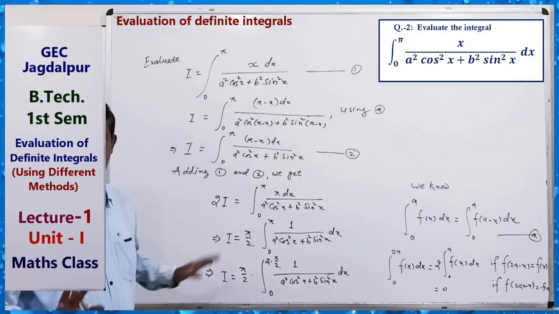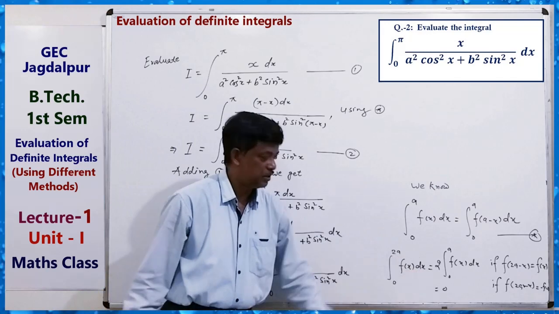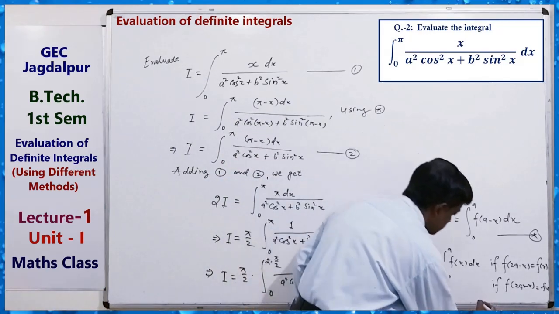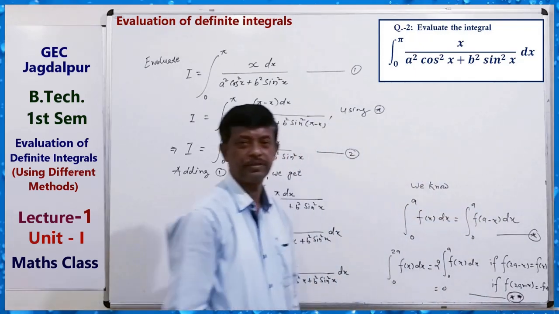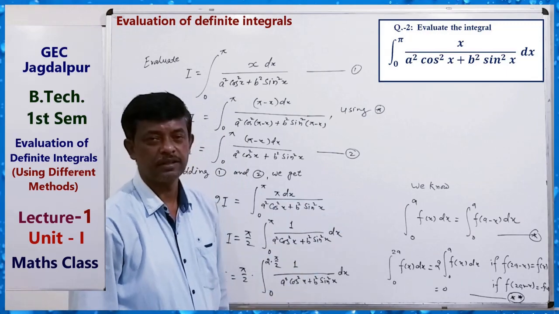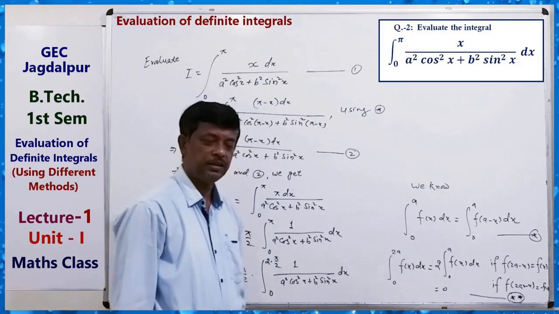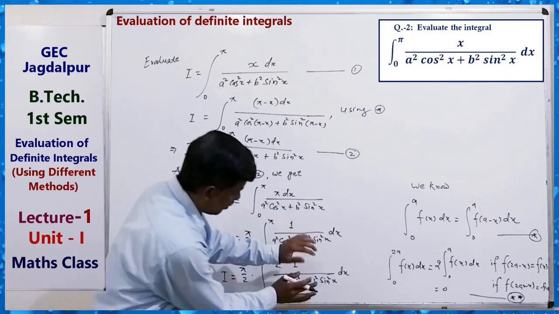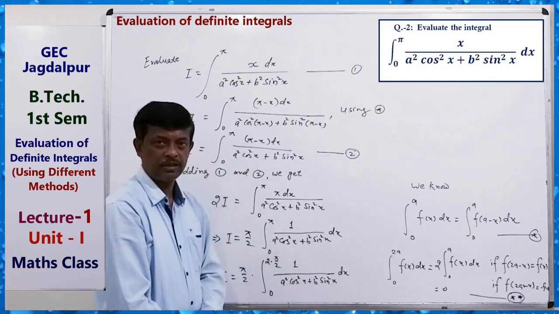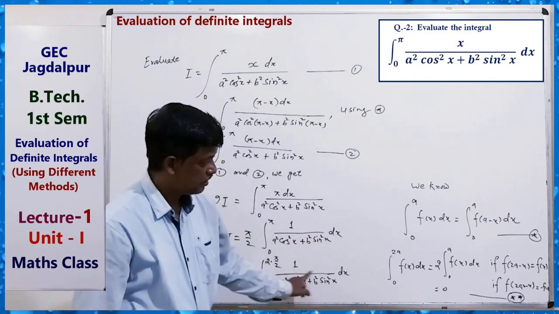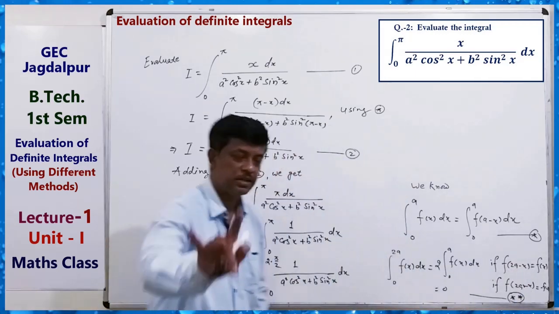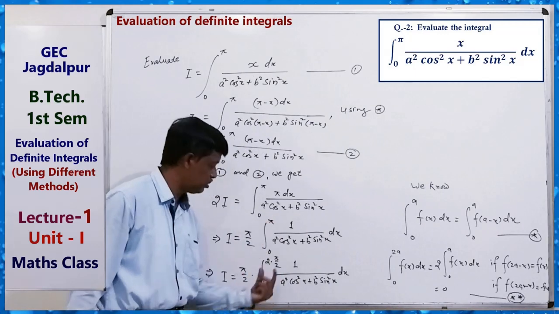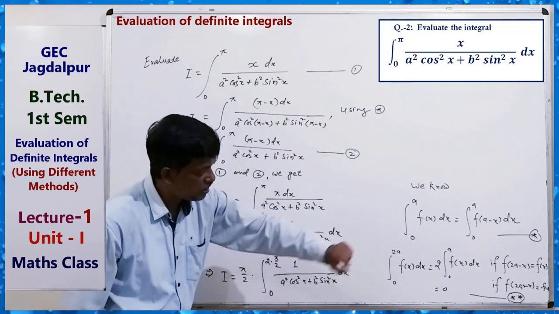Okay. Now, using this property, suppose this is the double rational property. We know this and this. By using this property, we can see this is our f(x), and here this property will follow, because f(2a minus x), 2a means pi, so pi minus x.